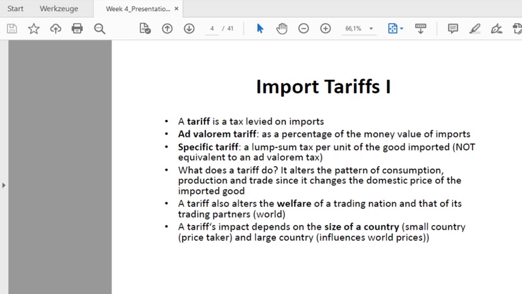The tariff's impact on welfare, on the reallocation of resources, depends on the size of a country. That is why in economics we use two kinds of models, basically the model of a small country that is a price taker and the model of a large country that has the possibility to influence world prices.